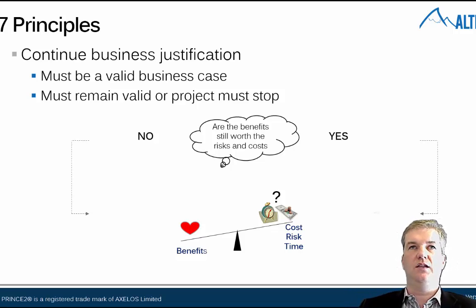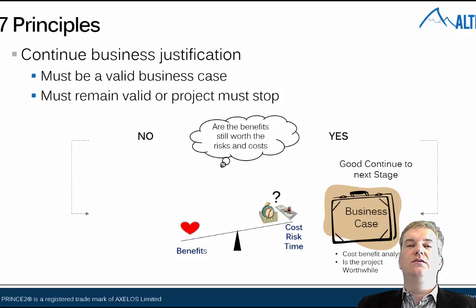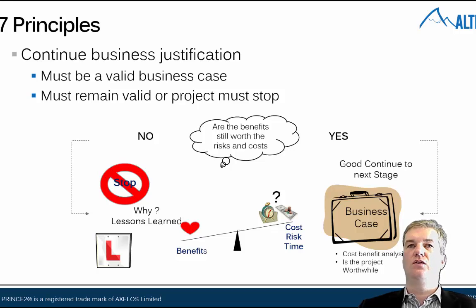If it is more than the benefits, then look, forget it. It's not going to deliver for us. So yes, if it changes, we have to stop the project. It's not worth doing. We're not going to deliver the benefits, and we just put that back into our lessons learning and realize, okay, we've gone far enough with this project. It's not worth continuing.